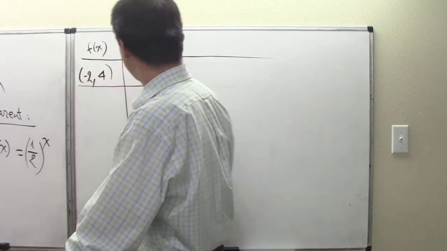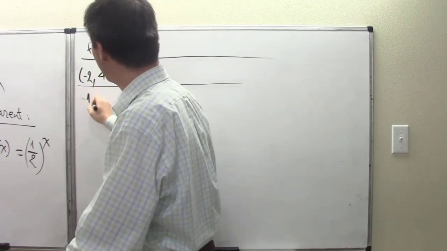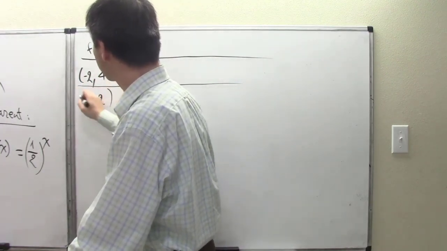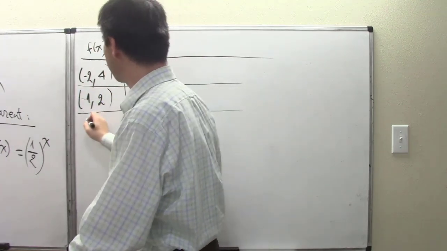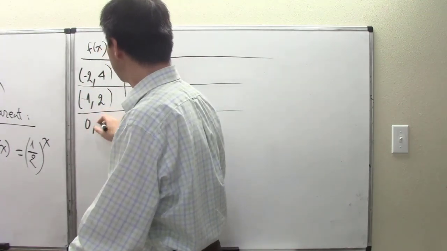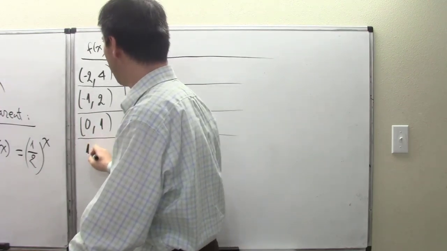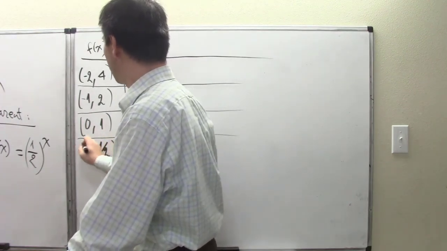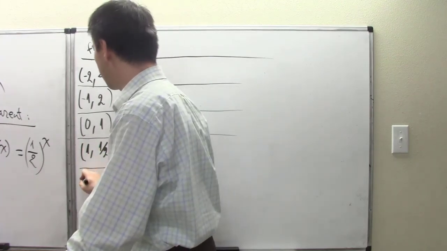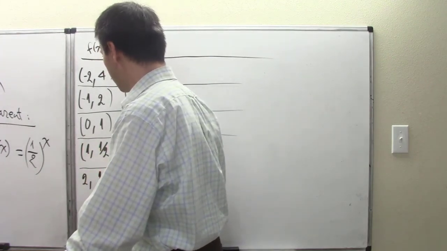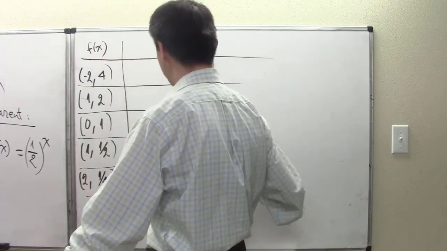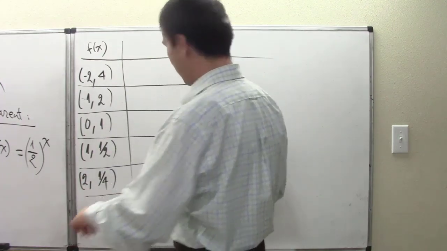I had another point at (-1, 2). I had another point at (0, 1). I had one point at (1, 1/2). And I had one point at (2, 1/4). All right, that should be good enough for us.